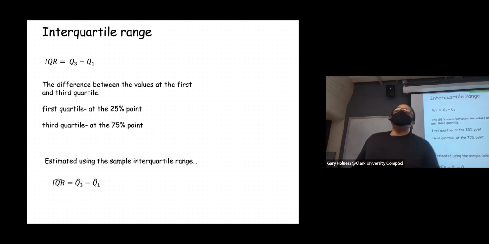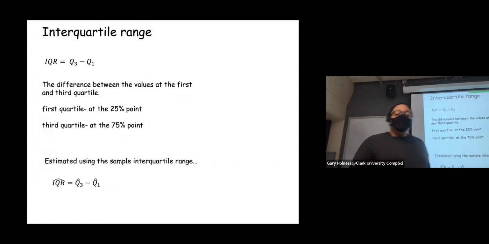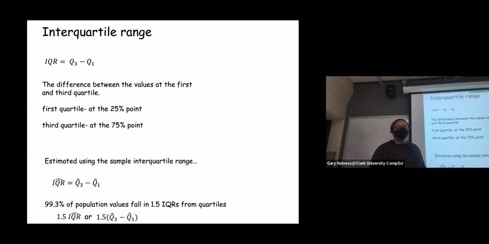It's presumed that you put them in sorted order, in non-decreasing order from smallest to largest. And there are other reasons people might do it from largest to smallest. And so this interquartile range has an interesting property: if you take Q1 and Q3, 99.3% of all of the values that you will encounter are within 1.5 IQRs below and above Q1 and Q3.